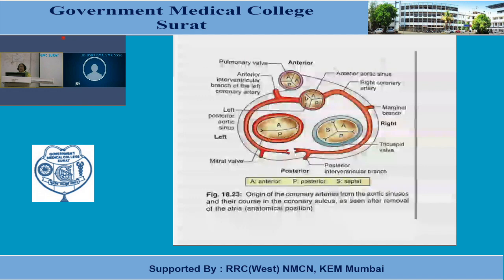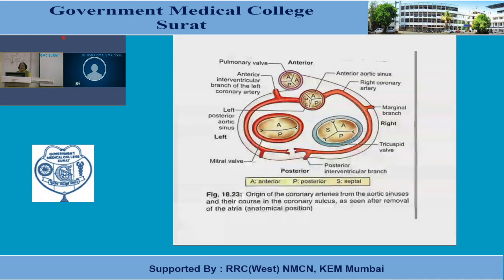Here you can see the diagram: origin of the coronary arteries from the aortic sinus in transverse section. This is the ascending part of the ascending aorta. We can see the anterior aortic sinus, and the posterior aortic sinuses are 2, right and left.